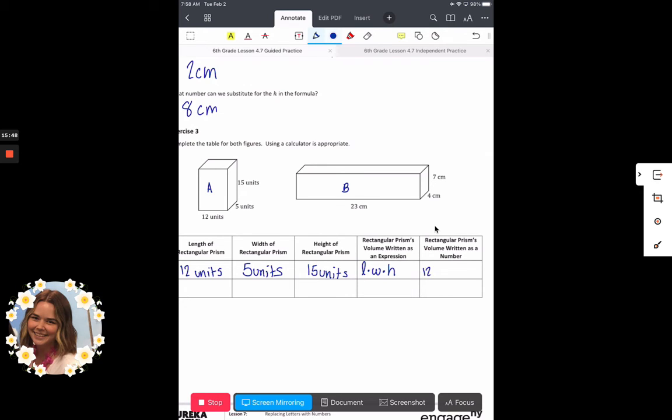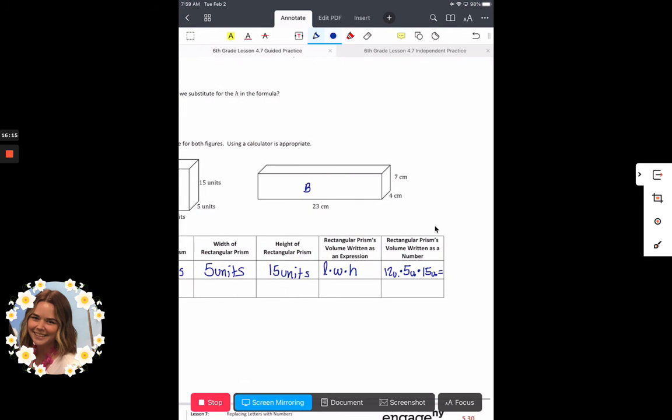So we have 12 units, and I'm going to label that with U so I don't run out of space, times 5 units times 15 units. When we multiply all of those together, 12 times 5 times 15, we get 2,372 units, and in this case, cubed, or to the power of 3, because we have those units 3 times.